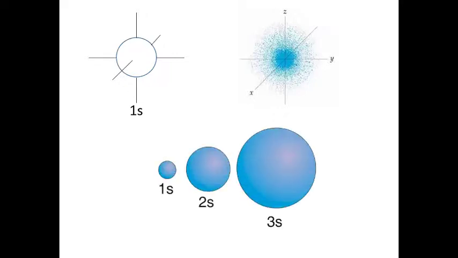As we go from 1s to 2s to the 3s orbital, the size increases. As the n quantum number gets larger, the orbitals get bigger. This was the same as was observed in the Bohr orbit model, where on going from n equals 1 to n equals 2 to n equals 3, the radius of the orbit got larger.